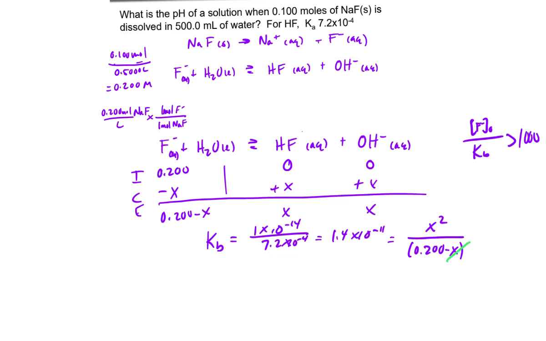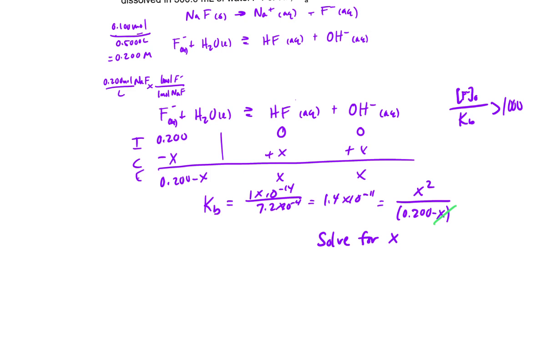Okay, so then we solve for x. So we'll multiply both sides by 0.2 and then take the square root. And we're going to get x is equal to 1.7 times 10 to the minus 6 moles per liter.